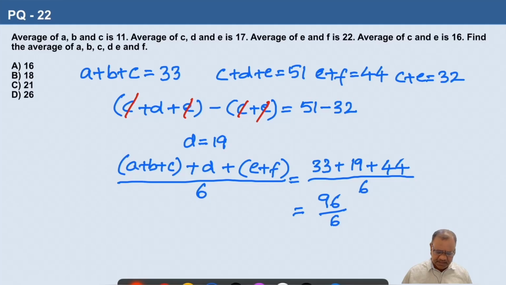So 96 by 6 is 16 times. So this is the average of A, B, C and D, E, F. 16 is the average. So the correct answer is option A.